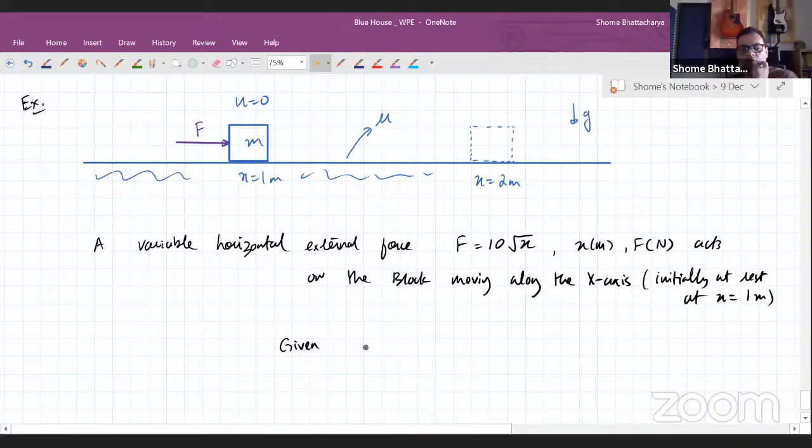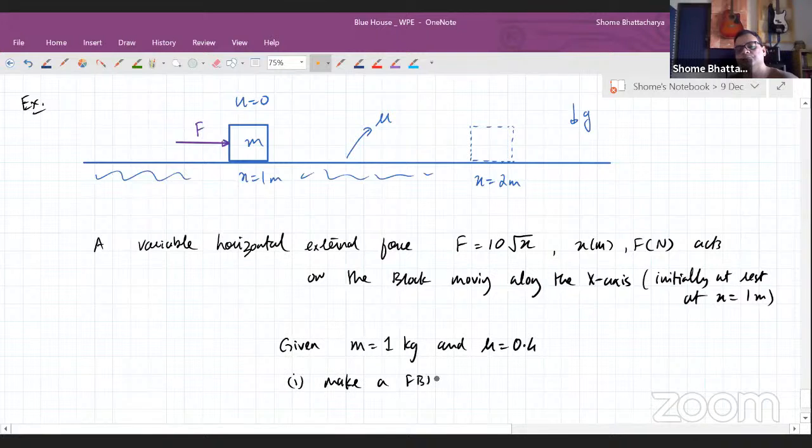Given that the mass of the block is 1 kilogram and the coefficient of friction is 0.4, make a free body diagram and show all forces acting on it.